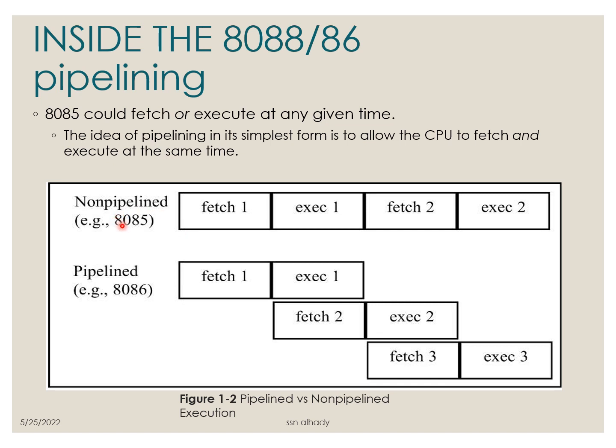If you look here, the one without the pipeline, it can only fetch at one time, and the other time it executes the one that was fetched, and then fetches the other instruction and then executes.